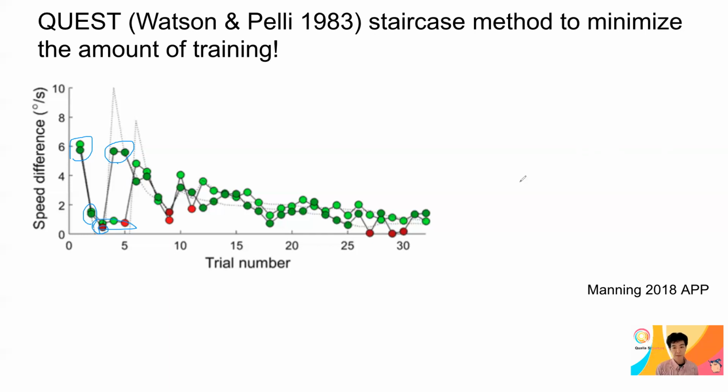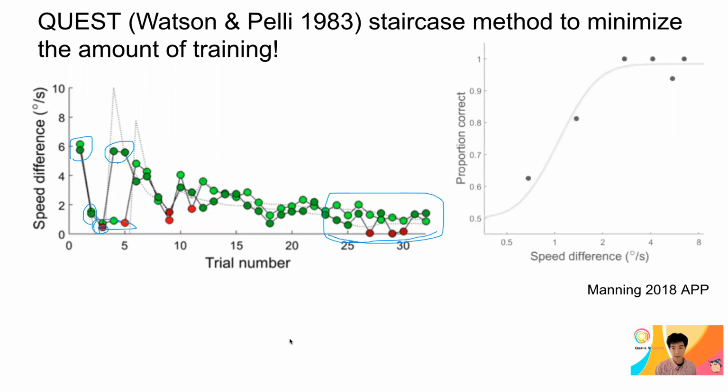cases after 25 or 30 trials, they remain around here, meaning that their performance is most likely around a certain area after several tens of trials.